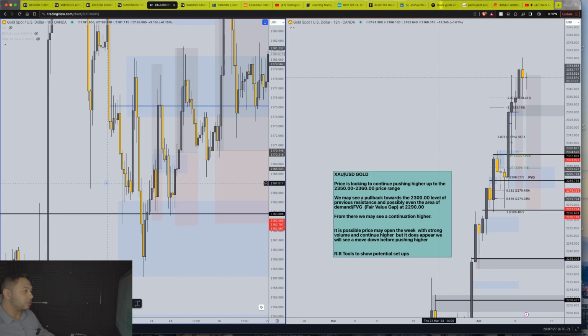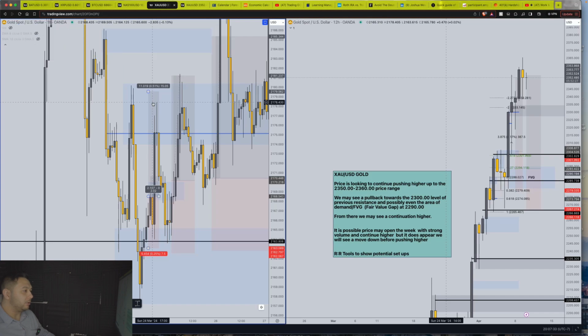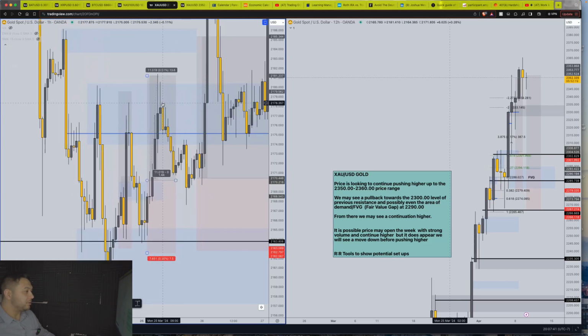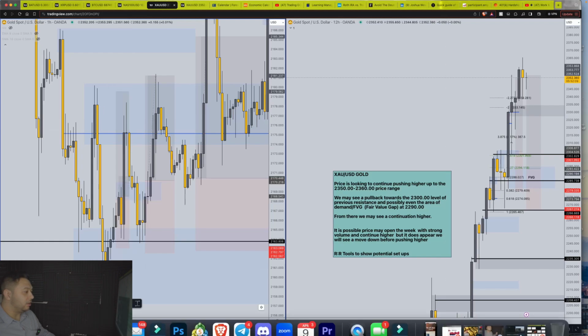After that, price shot all the way up to 2178. From there, it came all the way down, as you can see. From there was another opportunity to take the trade, which was this point here. But I had instructed to exit as we had already secured quite a good amount of pips here.